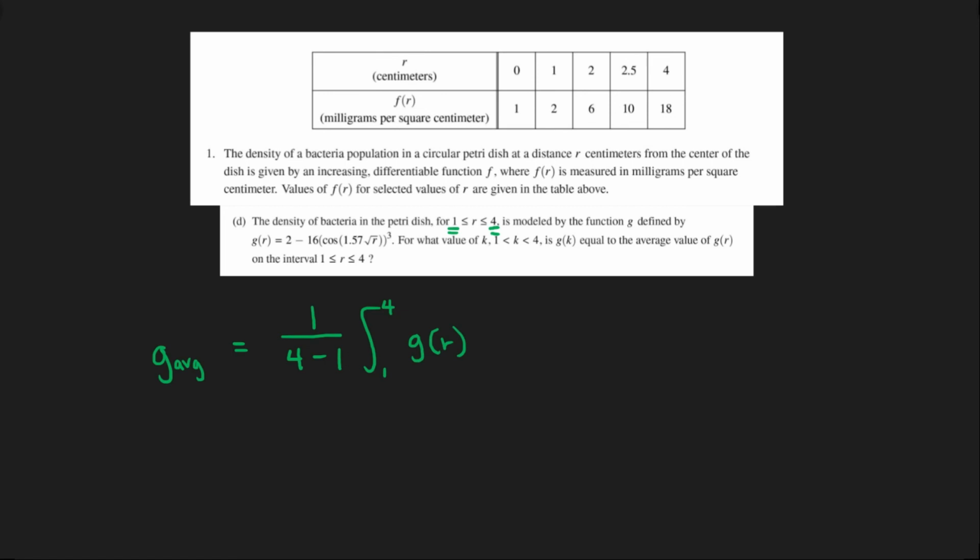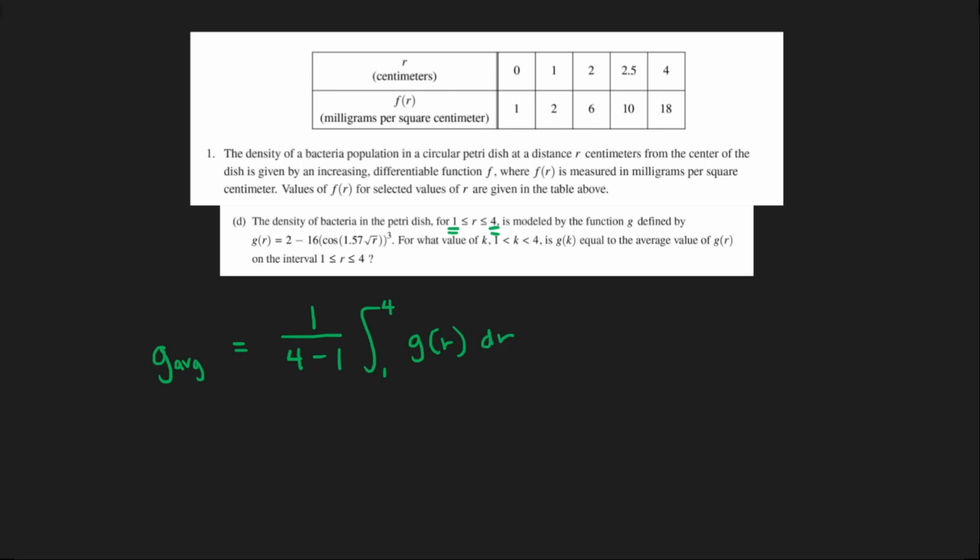And if you're new to FRQ problems, if we have a defined function like g of r, there's no need to write out this entire section. We will still get points for writing out this average value formula if we write g of r.